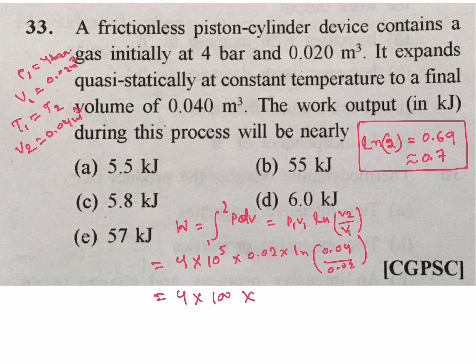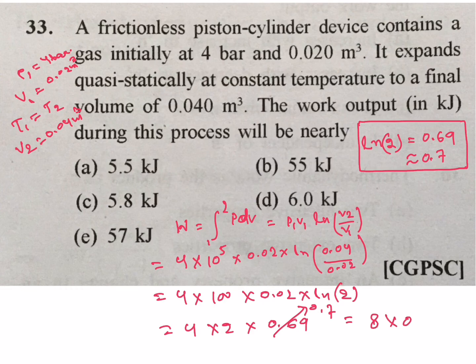So 4 into 100 into 0.02 ln 2. 4 into 2 into ln 2 value is 0.69 or 0.7. 8 into 0.7, approximately you will get 5.6 kilojoules. So from option you check, A is your correct answer. 5.5 kilojoule.